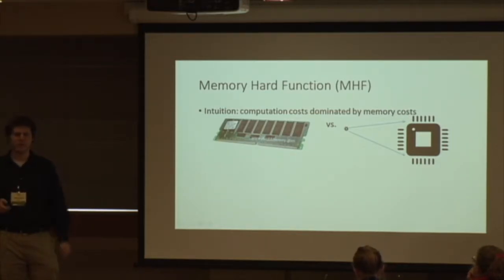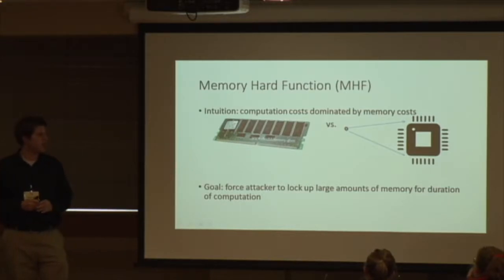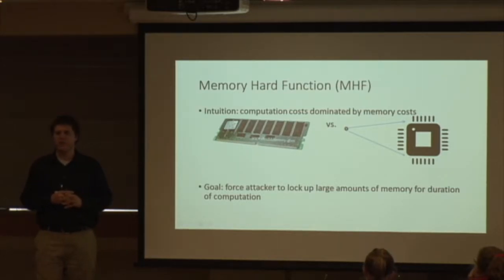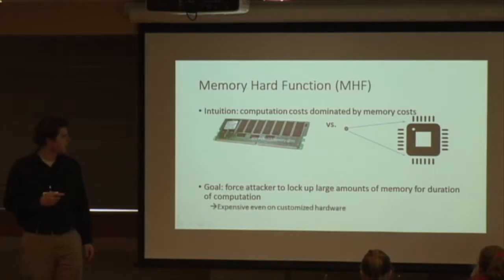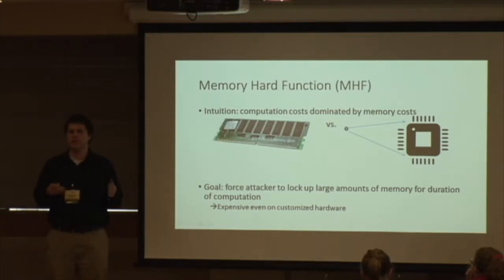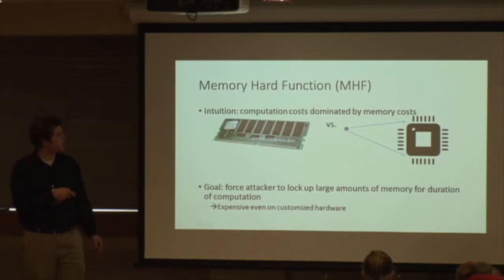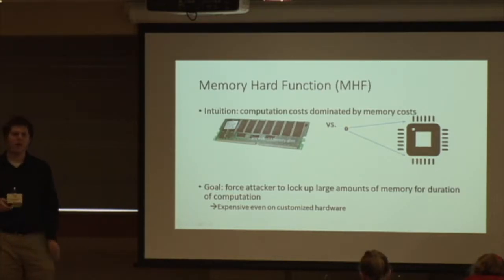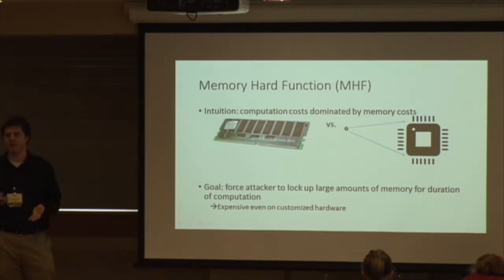And this is expensive. So our goal here is to force the attacker to lock up large amounts of memory for the duration of his computation. And this implies that the function would be expensive even on customized hardware. You can improve computation of SHA-256 on a customized circuit. You can't dramatically improve memory latency or memory size on a custom circuit.